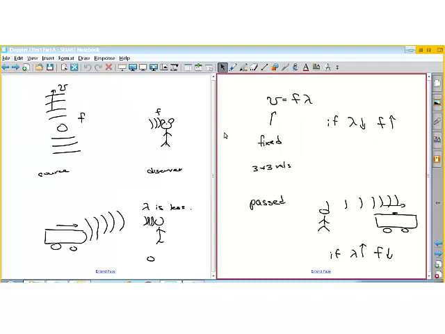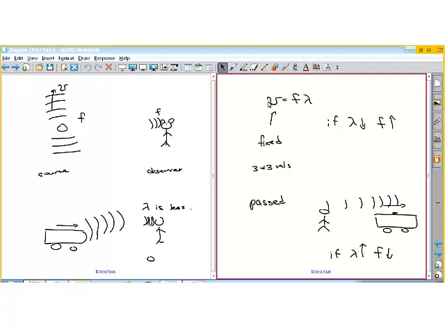Then what happens after the truck passes is that the source is running away from the observer, and so the wavelengths get stretched out. The wavelengths that this person is hearing are longer. A longer wavelength means a lower frequency. And this all comes from the wave equation that relates the speed, the frequency, and the wavelength.